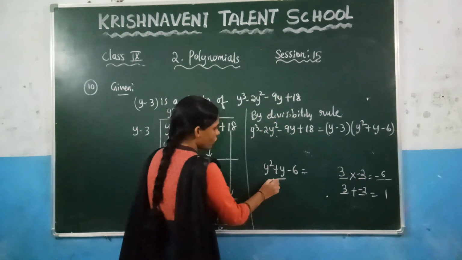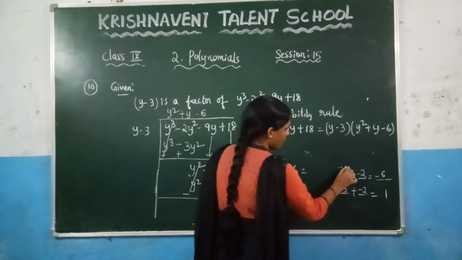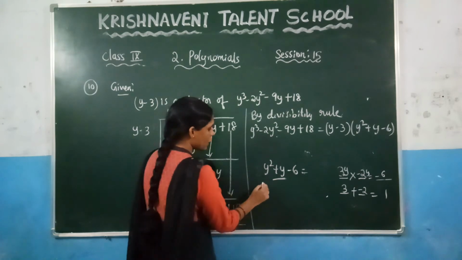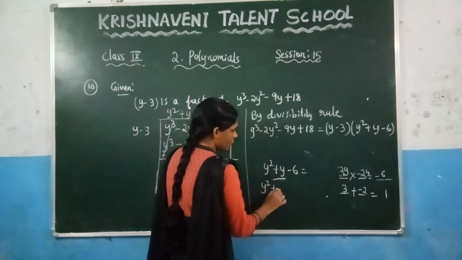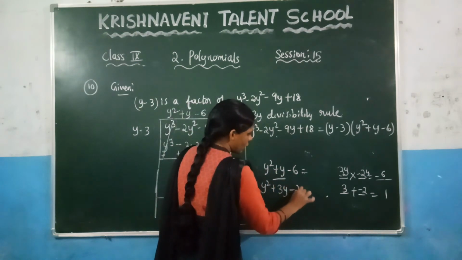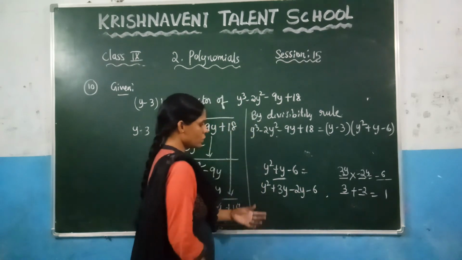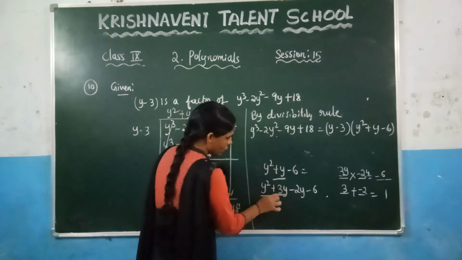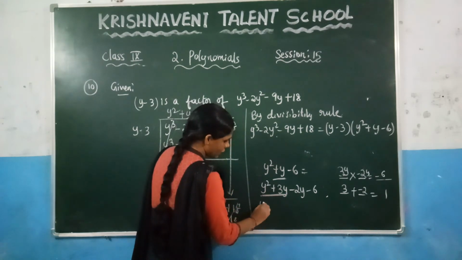So in place of y you can write plus 3y minus 2y, which gives you plus y. So we have split the middle term as plus 3y and minus 2y. Now based on these two expressions, you can take y common.